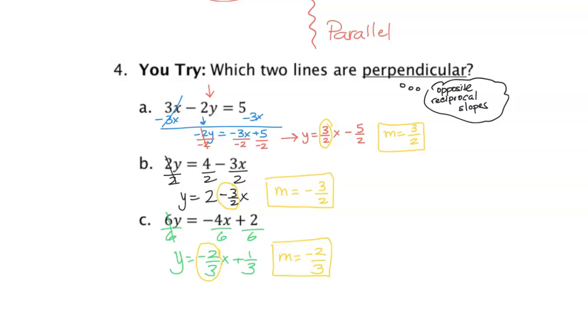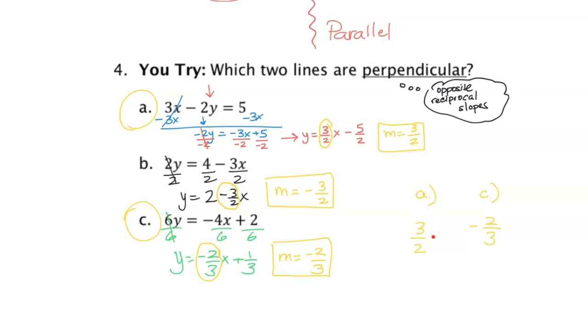Take a moment. Which two are perpendicular? So you're looking for opposite reciprocals. Your answer should be A and C. You have the two numbers 3 over 2 for letter A, and then letter C was a -2 over 3.